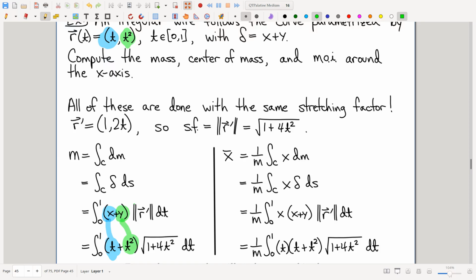Yeah, there was a hand, yes. Wait, how do you know that dm is equal to the density times the length element? Yeah. So the idea of a density is always stuff per unit size. The stuff depends on the application. If you're talking about mass density, then it's mass. If you're talking about population density, then it's population. Whatever the nature of the stuff is, it's stuff per unit size, with size appropriate to the context.